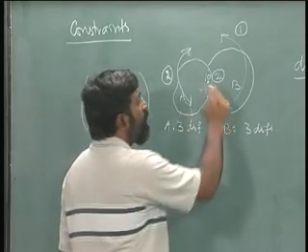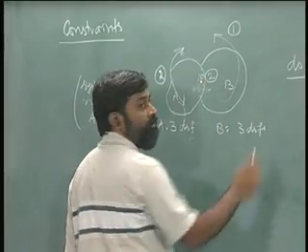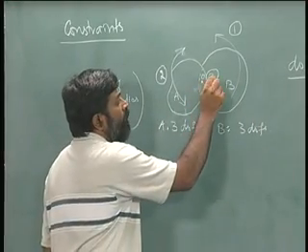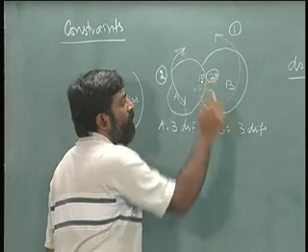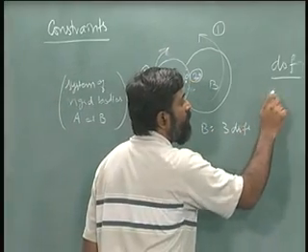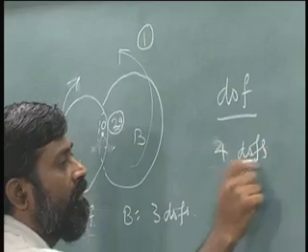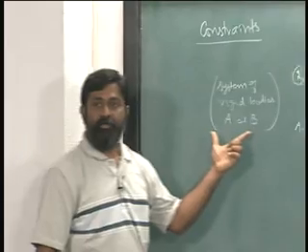Therefore in total, I am going to call this 3 and 4, I have 4 degrees of freedom in total that this system of rigid bodies A and B will have.